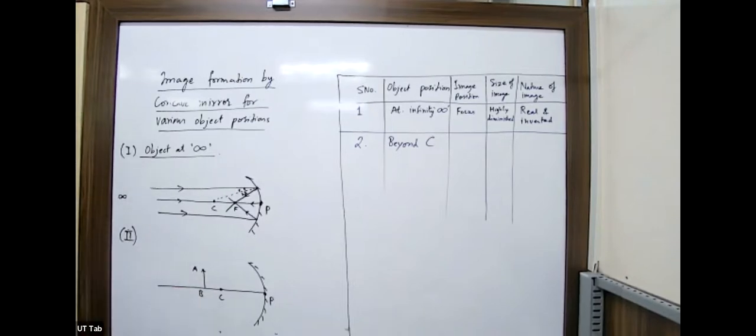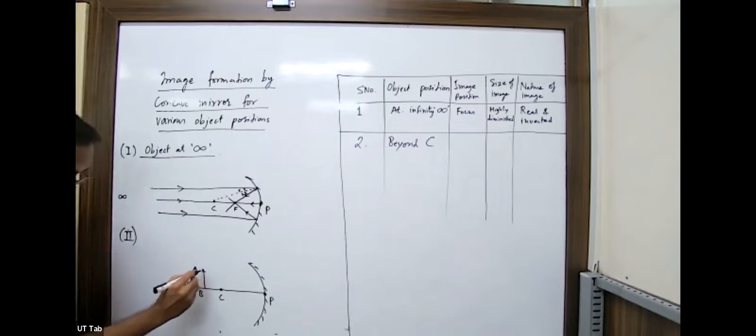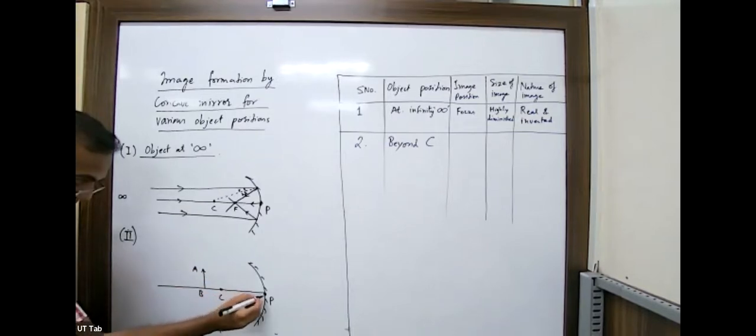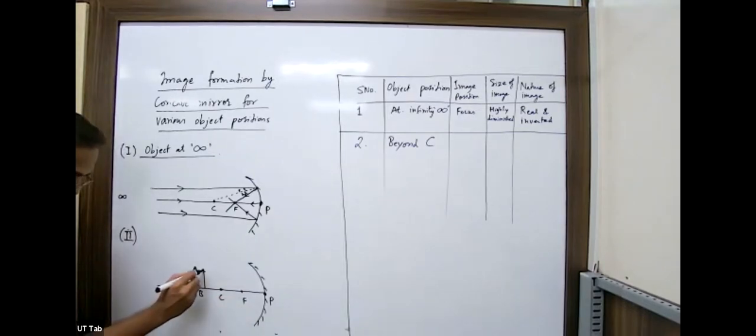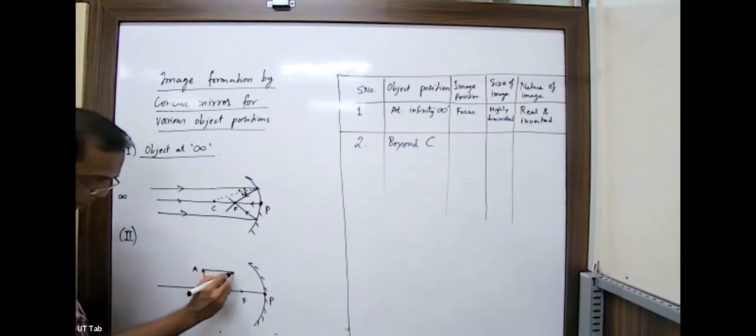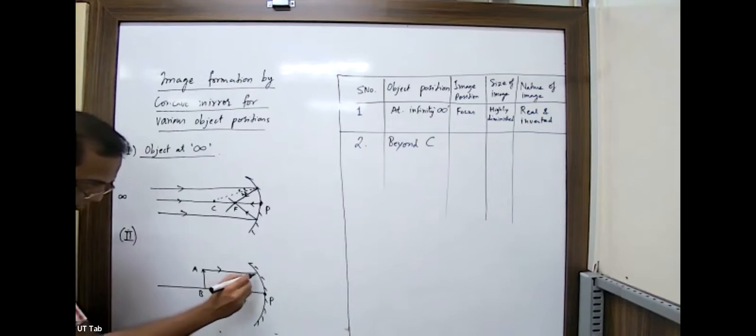This is my object. So what I will do is I take two rays from the top of the object, because I need the two reflected rays to meet somewhere to be able to know where the image will be formed. And I'll also mark the midpoint of CP as F. Okay. So the first ray is parallel to the principal axis. After reflection, it should pass through focus.